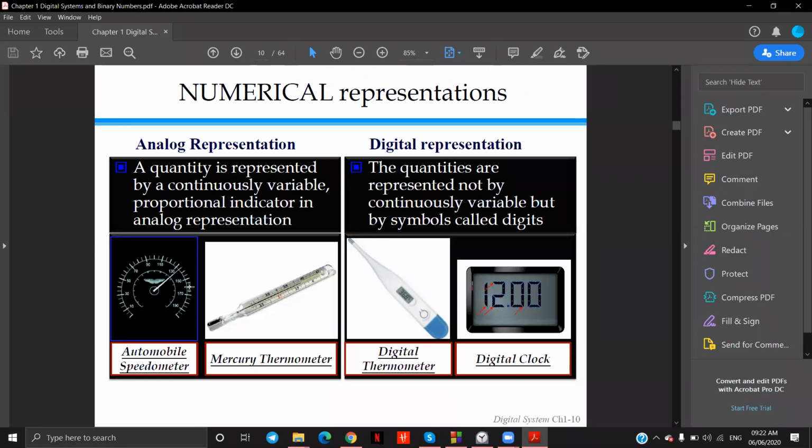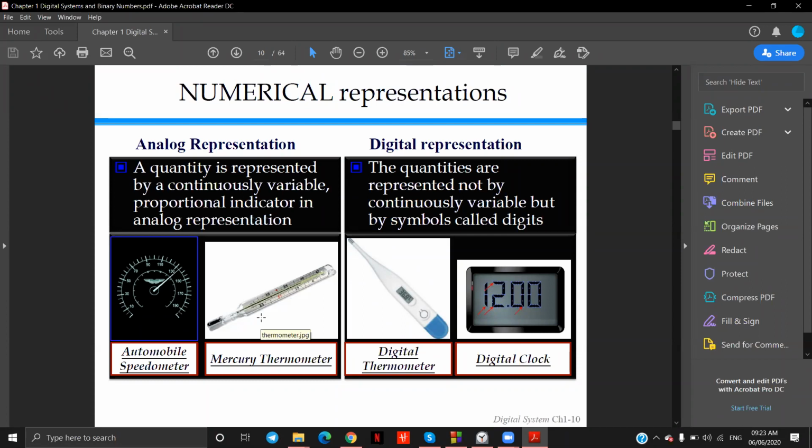This is a speedometer. We see this speedometer in a car or a bus or any transportation we use in our daily life. This is a mercury thermometer. We cannot tell exactly what the temperature is just by looking at the indicator.